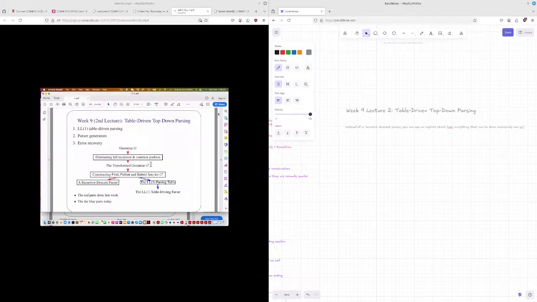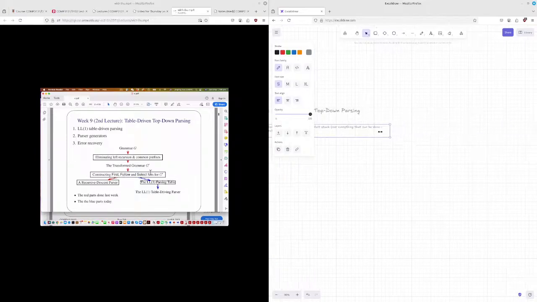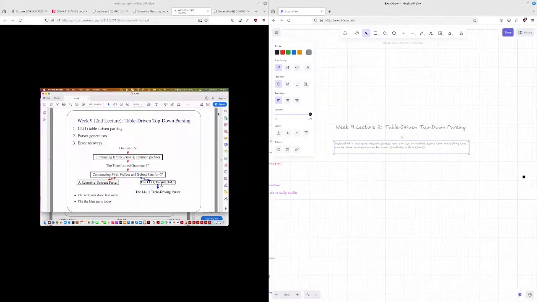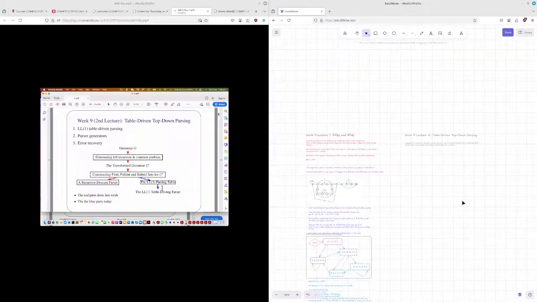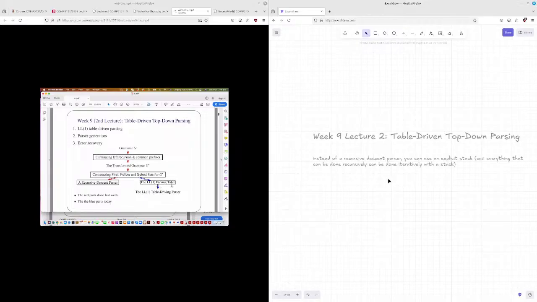So essentially, if you want to do a table-driven parser, you eliminate the conflicts, get the first and follow sets, compute your select sets with the parsing table, and then you can use this 20-line long driver to do the parsing.